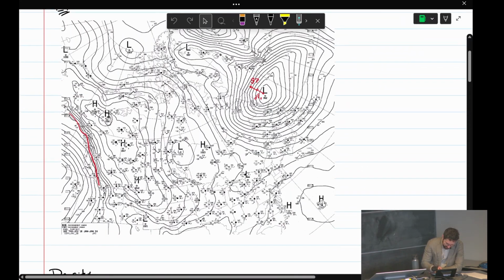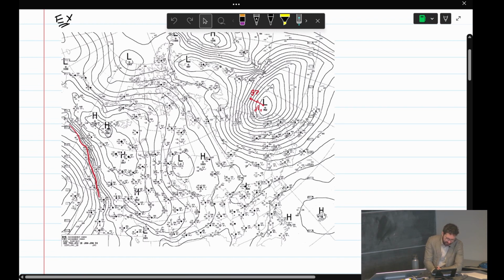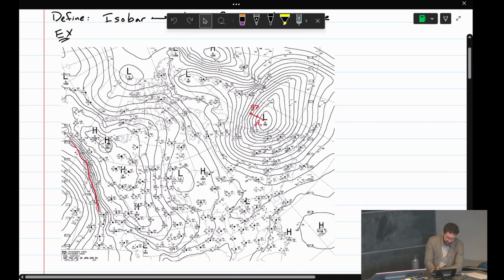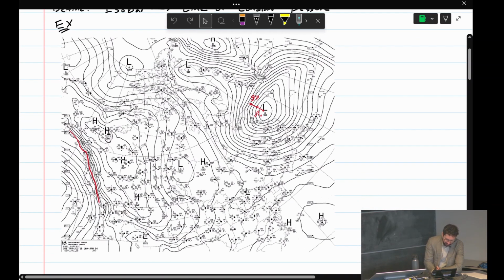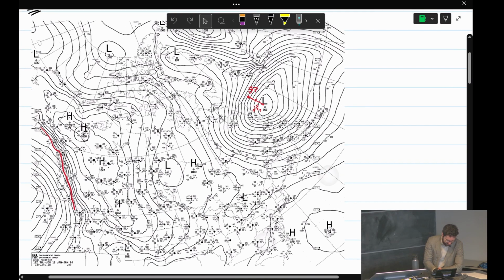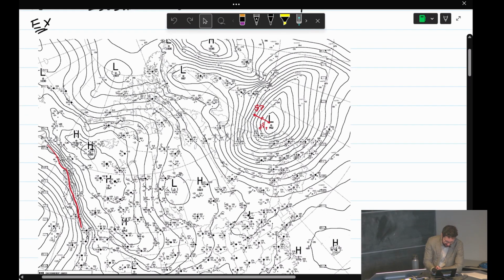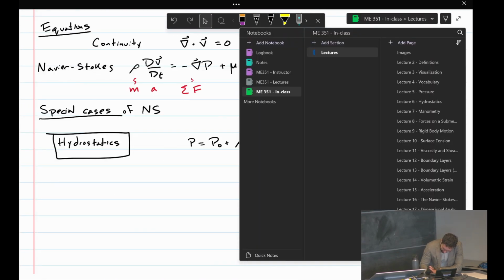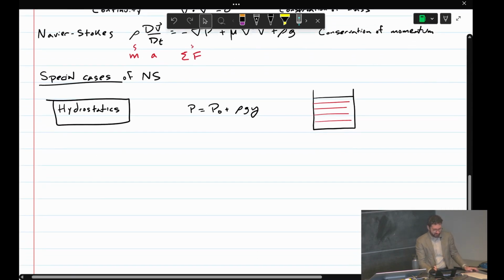So these are isobaric lines. In general, an isobaric line is just a line of constant pressure, but we get really, really nice ones in hydrostatics. This was on January 18th, the isobars in the atmosphere over Canada. So that was hydrostatics.